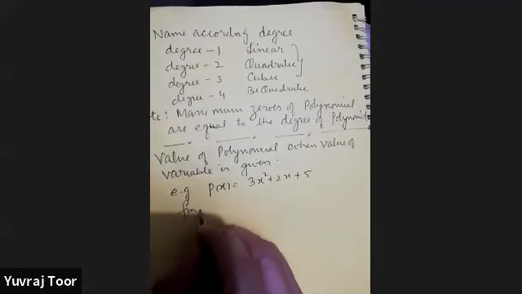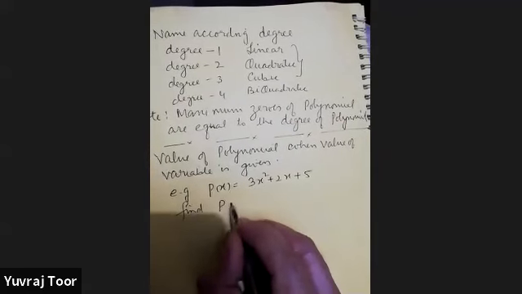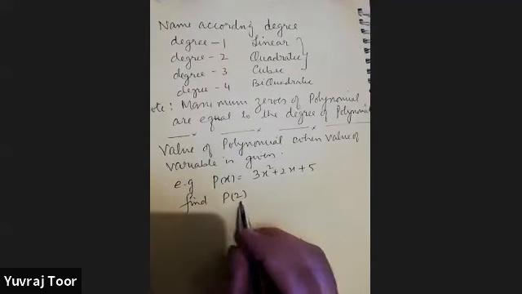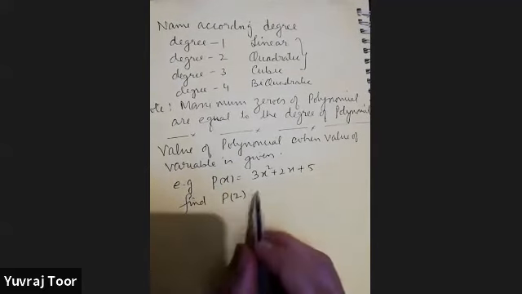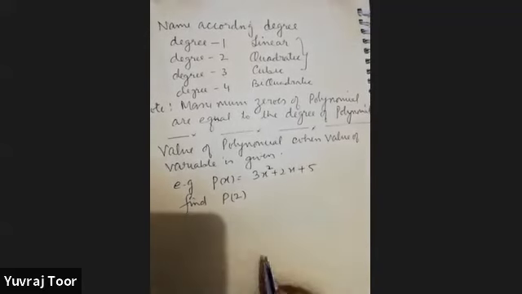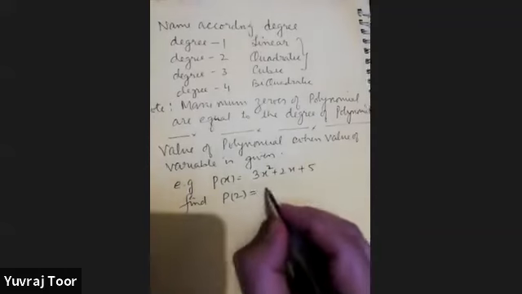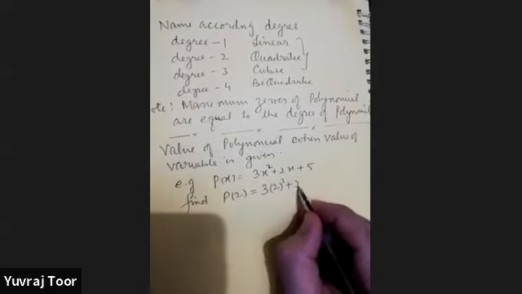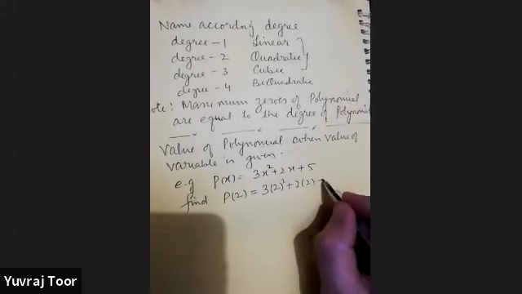Find p(2). Now this expression means substitute 2 wherever x is in the polynomial. So it means 3 times 2 raised to the power 2, plus 2 times 2, plus 5.